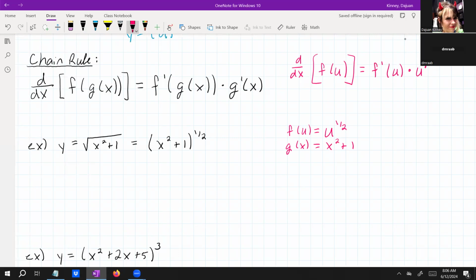Okay. I am going to find derivatives really quick. So the derivative of this is 1/2 u to the -1/2, and then times u prime.